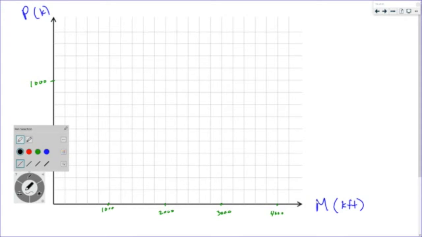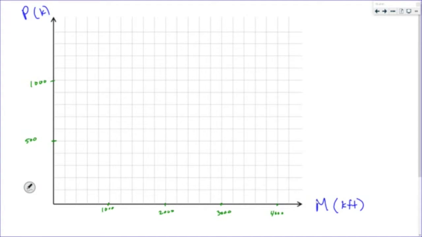Axial capacity was 0 for your moment because it's pure axial, and 1,323 for your axial, so 1,100, 1,200, 1,300 right here. 0 kip feet and 1,323 kips. That is P naught.